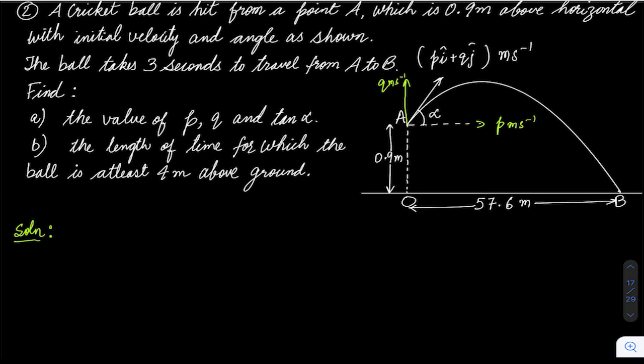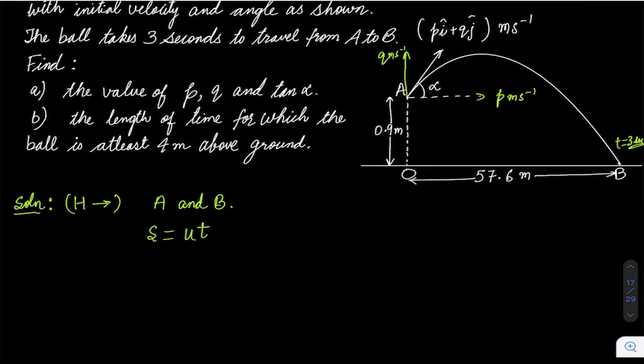Now, first thing is, this distance OB is given, that is 57.6. That is basically the horizontal displacement of the particle. And if you notice, the time is also given. Total time it takes from A to B is 3 seconds. So, I can directly use the equation in horizontal direction between the points A and B. So, S is equal to ut because acceleration is 0.